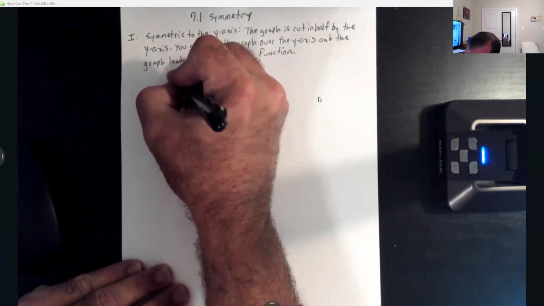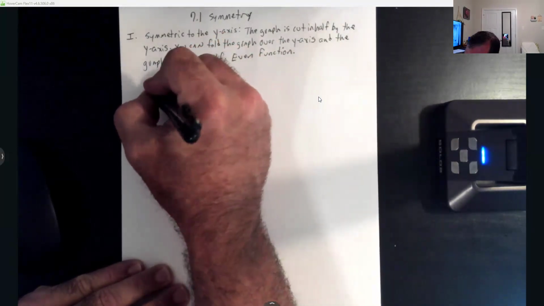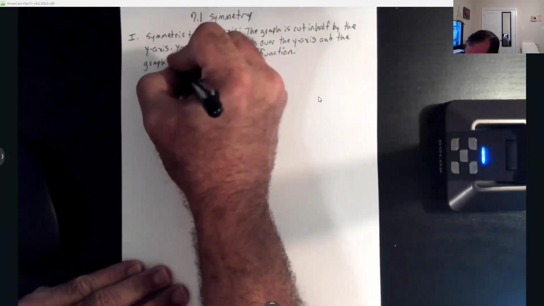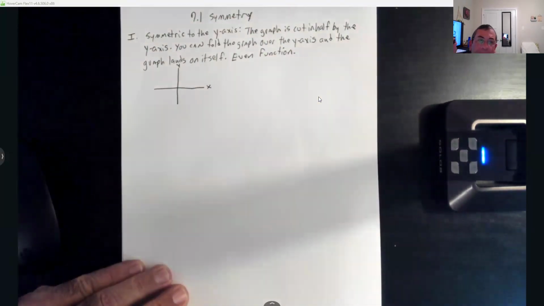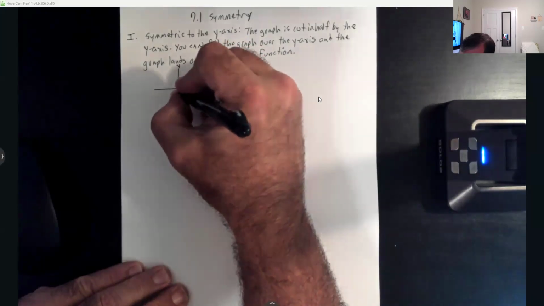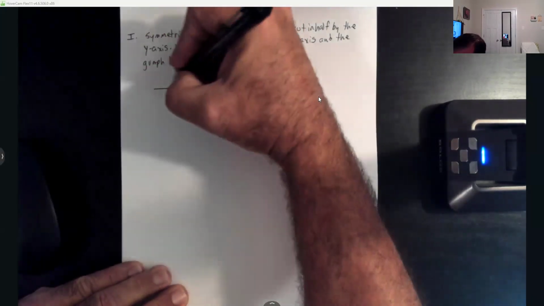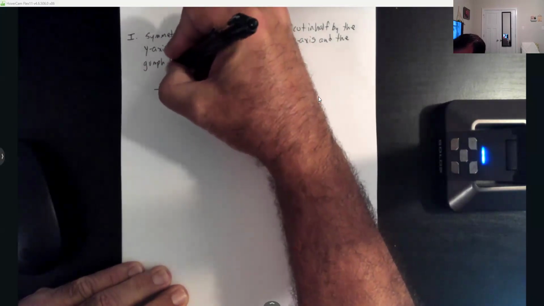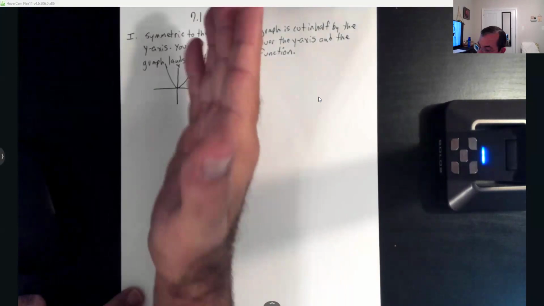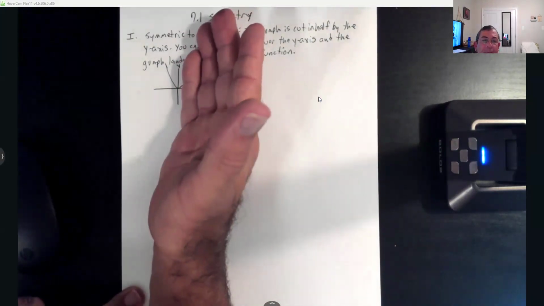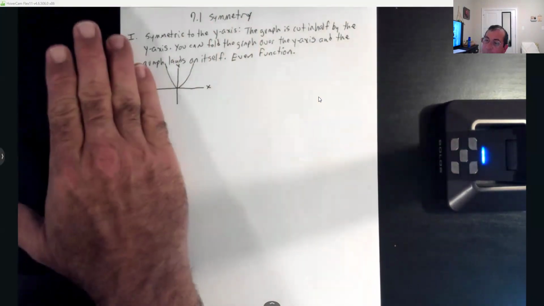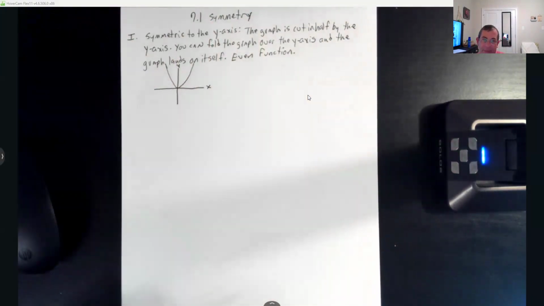So I'll draw a little example of a graph that is symmetric to the y-axis will be those parabolas we've been drawing. So if I took the right side of my graph and folded it over the y-axis, this right side would land right on top of that left side, okay?